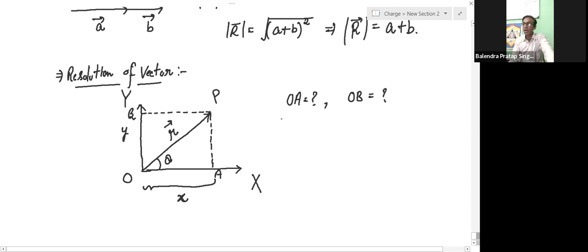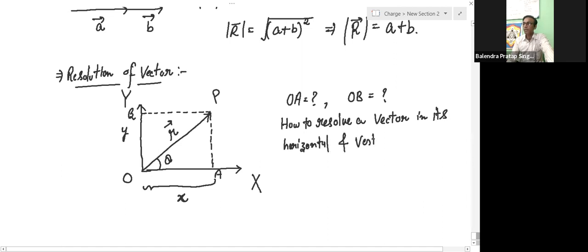So the question is: how to resolve a vector into its horizontal and vertical components.